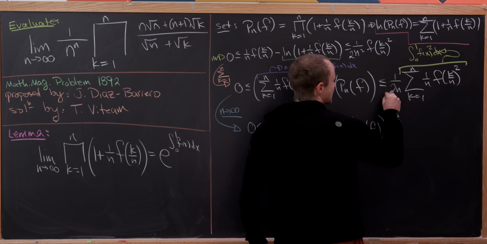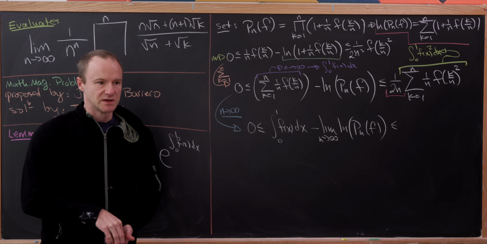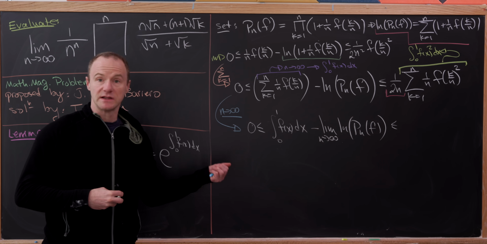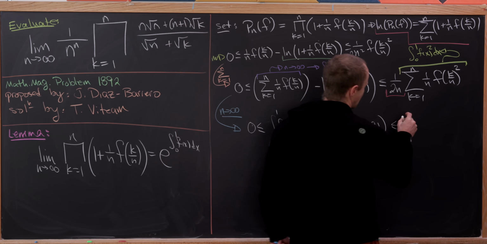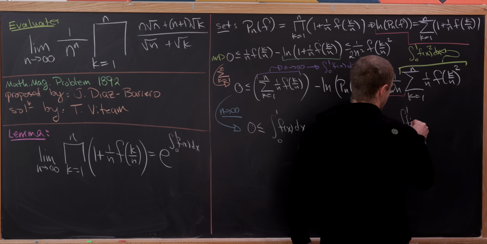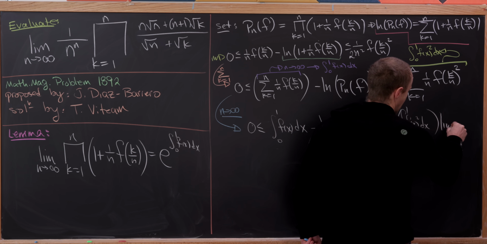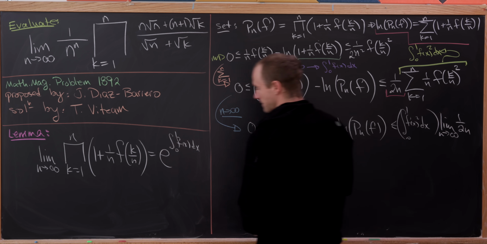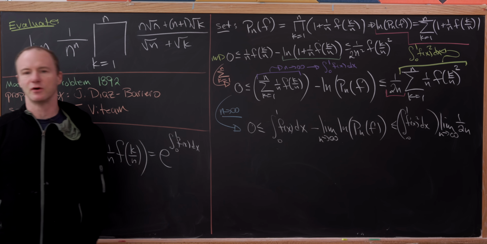But then we've got this extra factor of 1 over 2n out front. So I'll bring that in by just keeping the limit as n goes to infinity intact. So that'll give us the integral from 0 to 1 of f of x squared dx, but that's multiplying into the limit as n goes to infinity of 1 over 2n.